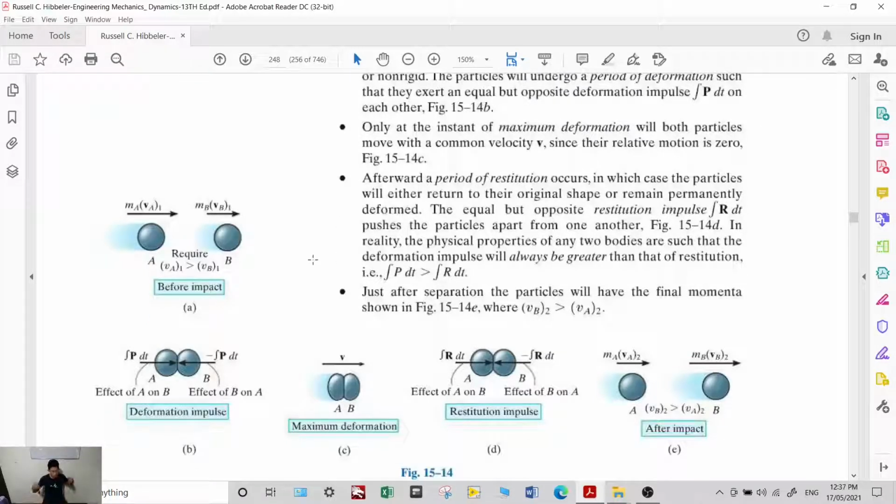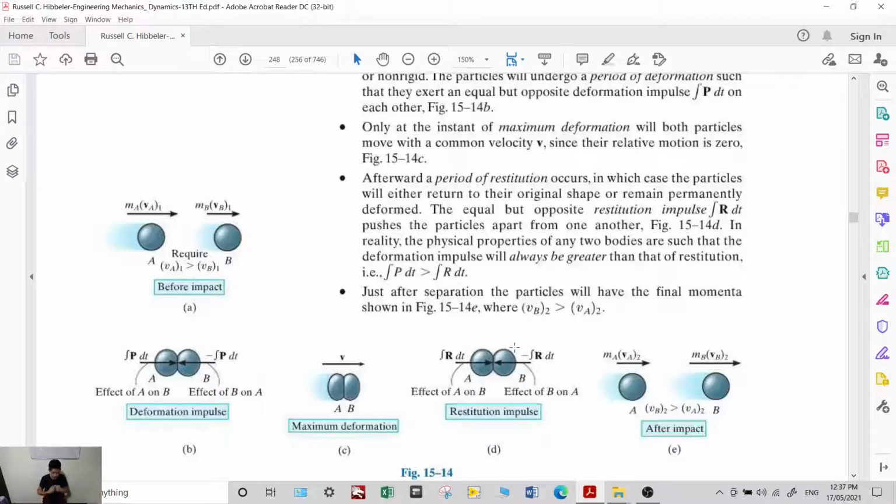Now, when they reach the point of maximum deformation, what will happen? During maximum deformation, there is a moment when they travel at the same velocity. And then, after that, they will experience a period of restoration in which the particles will either return to their original shape or remain permanently deformed.